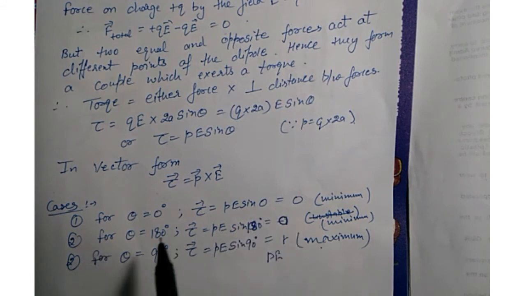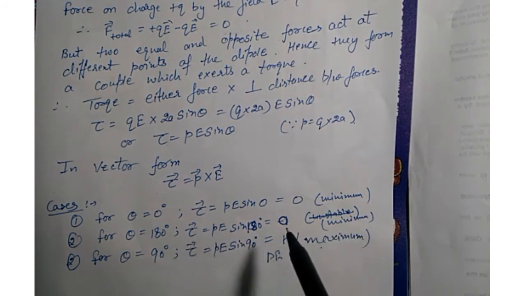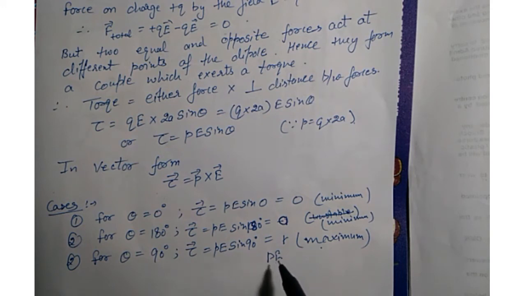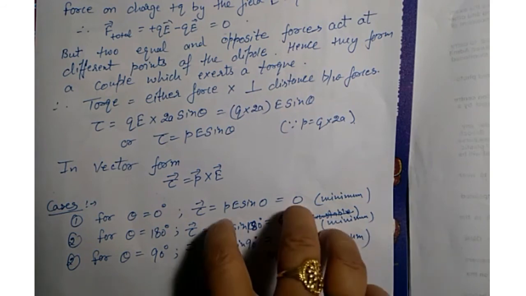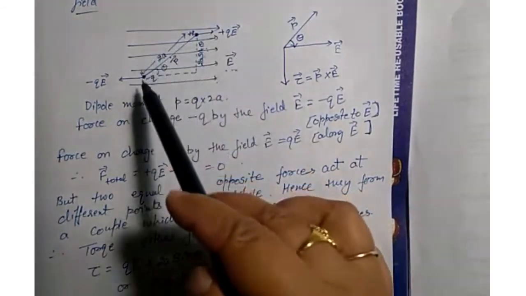Similarly, for theta equal to 180 degrees, again the torque is minimum, that is 0. But for theta equal to 90 degrees, the torque acting is PE sine 90, that is P into E. That is the maximum torque acting on this dipole.